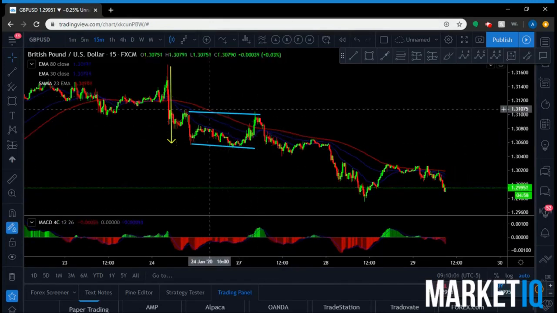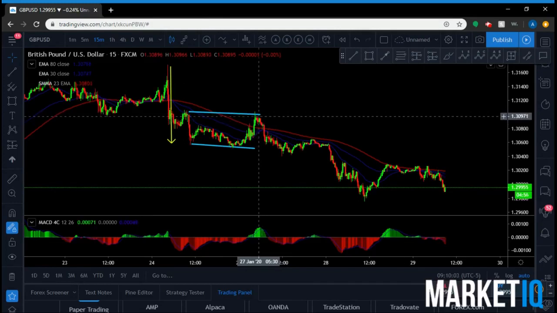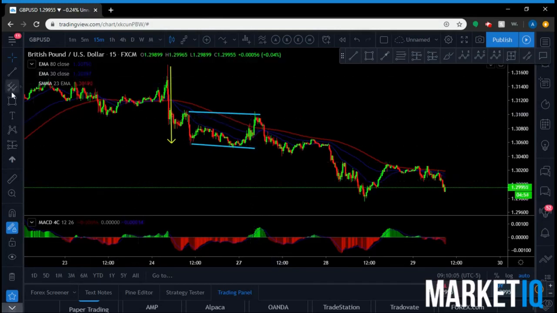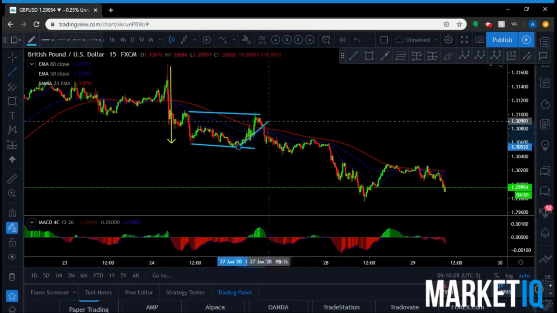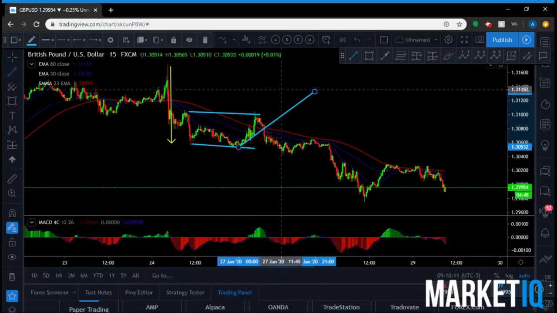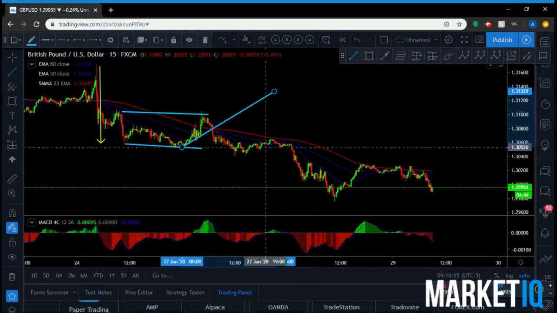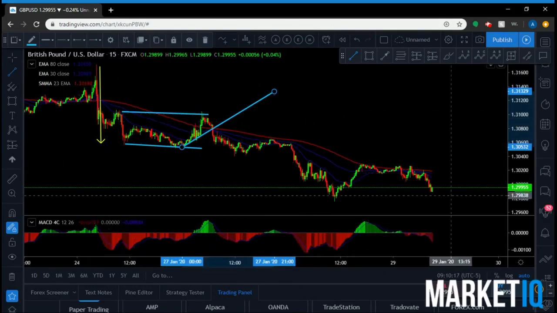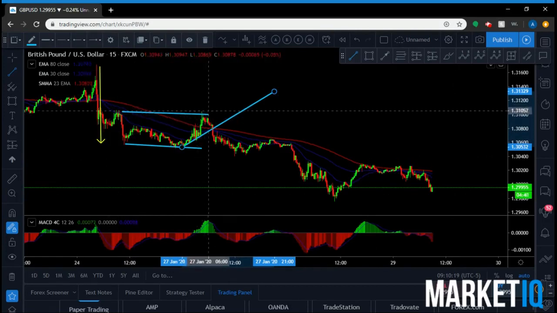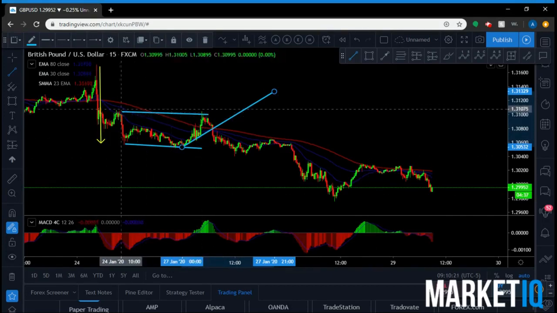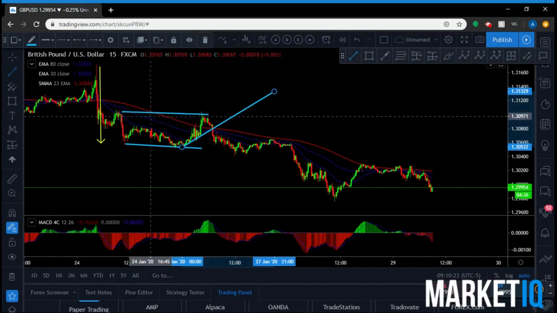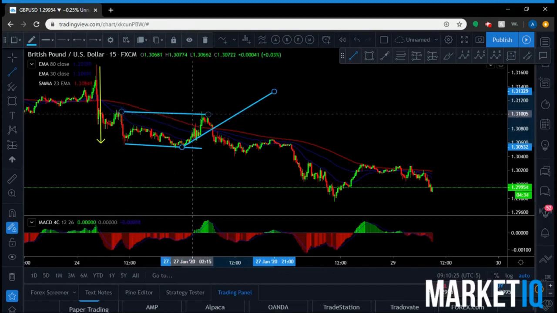How do we know that this correction is done forming here and it's not going to correct, like I mentioned earlier, all the way up to here? Well, first of all, we've got our EMAs, and it's respecting that pretty well. It broke above, but it wicked back down. It started to reject this high right here that you had previously.